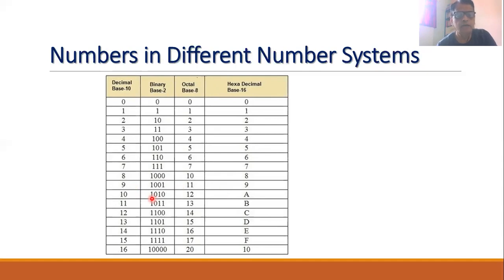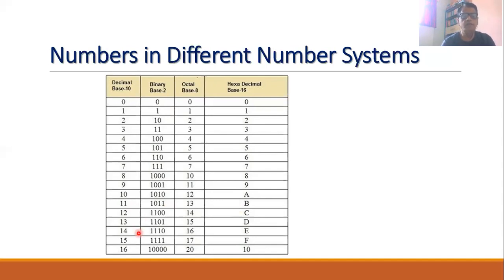When we write 10 in decimal, then in binary it is written as 1010, and in octal it is written as 12. Now the basic numbers of hexadecimal are over, and therefore we use the letter A for writing 10 in decimal. Now 11 is written as 1011, 13 in octal, and as B in hexadecimal.